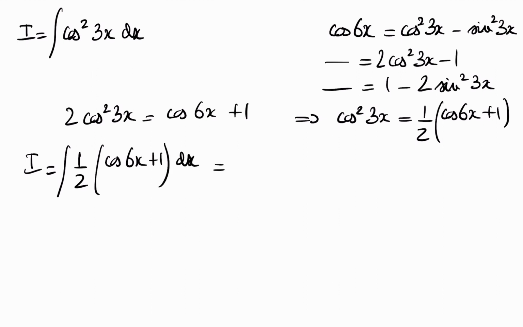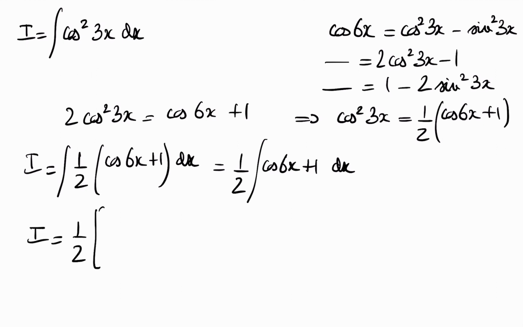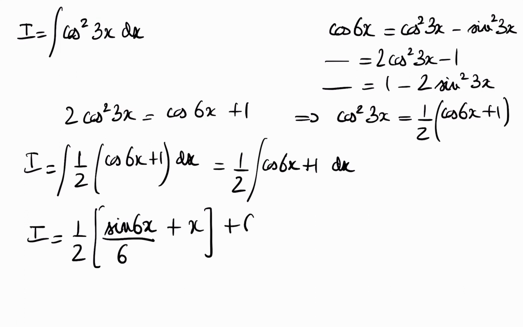Easy to integrate. So the primitive is therefore 1/2 of, the primitive of cosine is sine, so sine 6x over 6, because we need to introduce a correction factor 6, plus x, plus c.